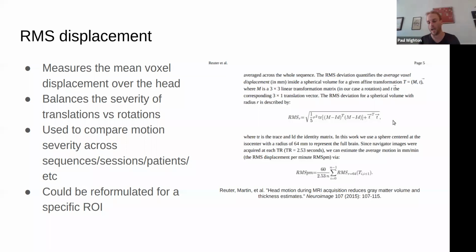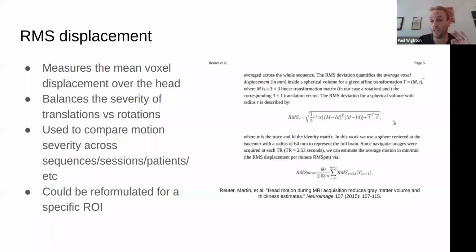How do you compare which is worse? I think RMS displacement is a really nice disciplined way to answer that question. It calculates the average displacement of each voxel inside the head, and it's a way to weight the severity of translations versus rotations.